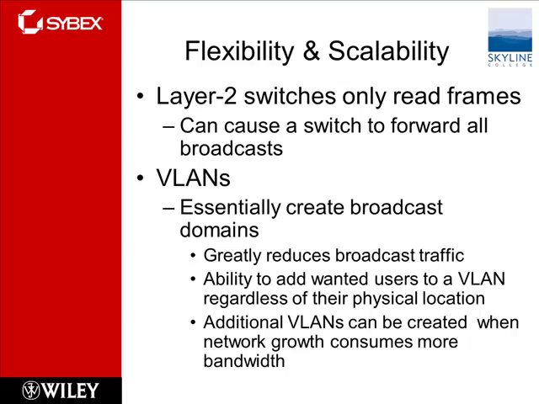Additional VLANs can be created when the network growth consumes more bandwidth. And it's really tough to create a VLAN. You go into the switch, go into enable, config t, VLAN 55. Enter. Name. Bad guys. Whatever you want to call it. The VLAN is created.